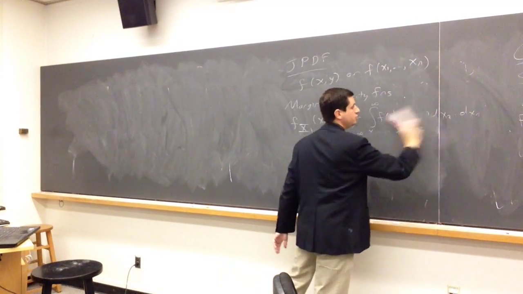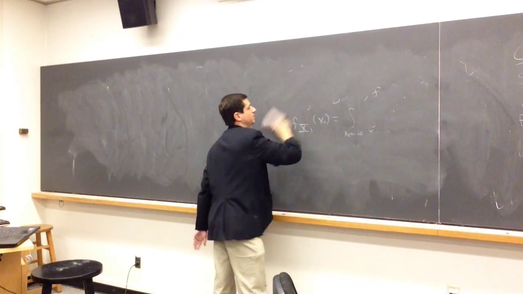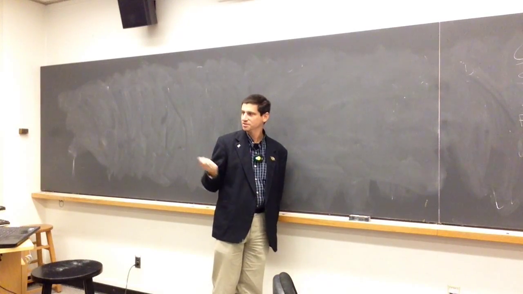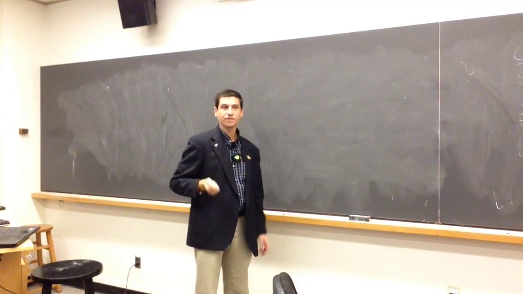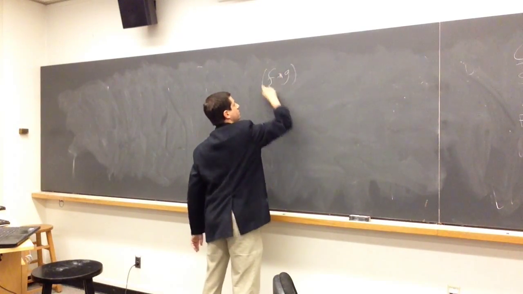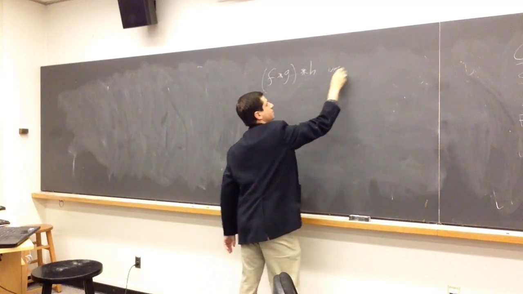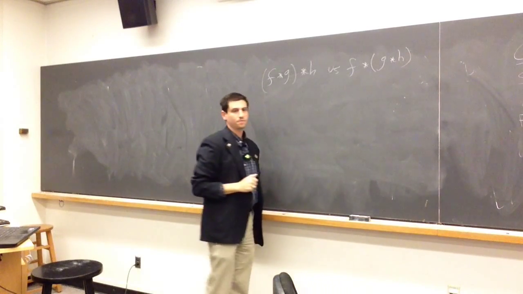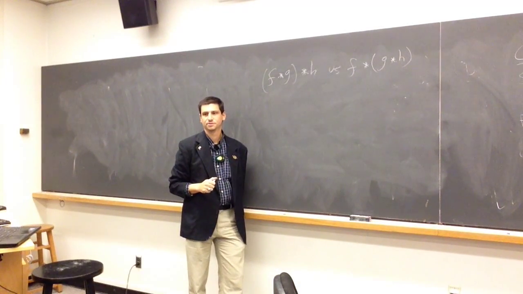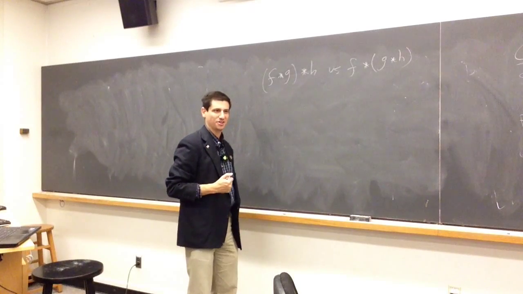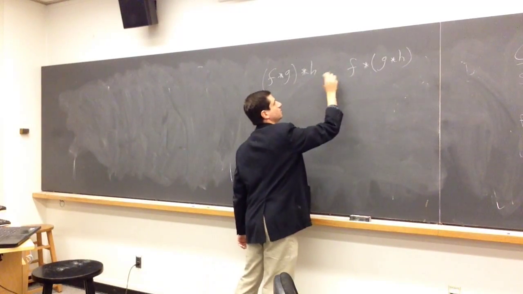So we've just shown f star g is g star f. We've dealt with sums of two random variables. What do you think would come next? Is it associative? What if I have three random variables? What if I have f star g star h versus f star g star h with the parentheses in different places? What do you think? Equal or unequal? Do we agree that they should be equal?